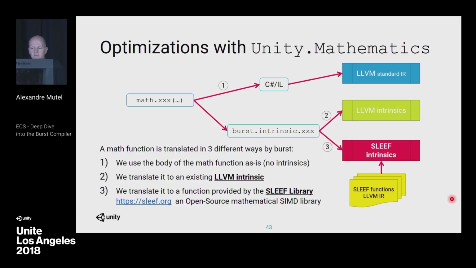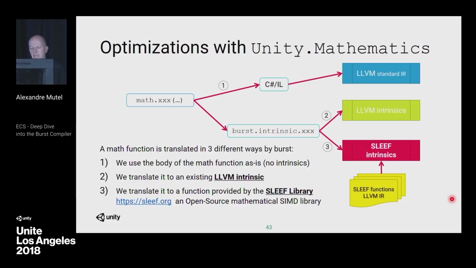So we are using the Sleef library. It's an open source project, and it provides a SIMD library that is very efficient on many platforms. And we use this, so Sleef is compiled to IR, the LLVM IR. And in Burst, we are injecting this IR directly into the Burst intrinsic function that is just a declaration at the time.